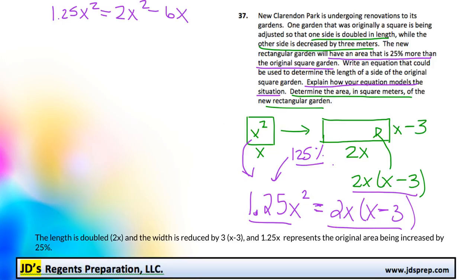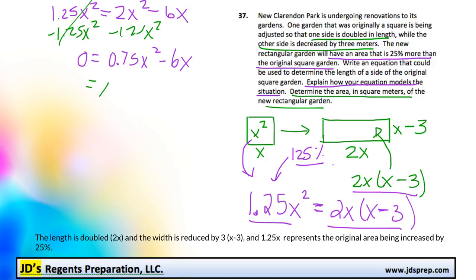All right, so we can start by subtracting 1.25x squared from both sides. Canceling that out, and we'll get 0 equals 0.75x squared minus 6x. At this point, we could factor out an x, and we would get x times 0.75x minus 6.